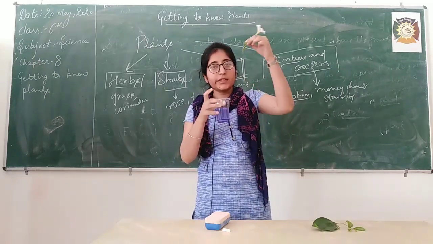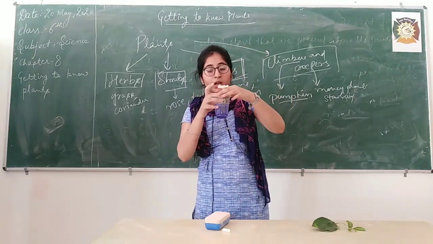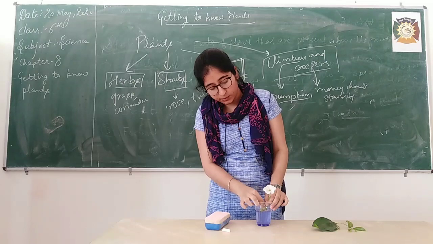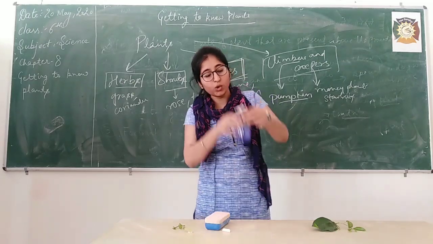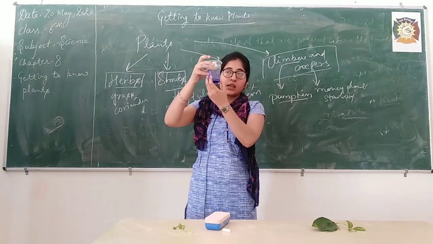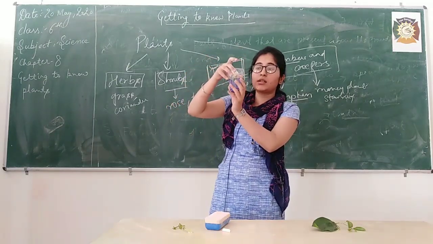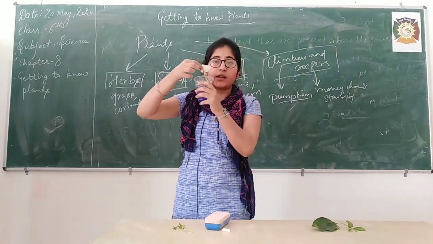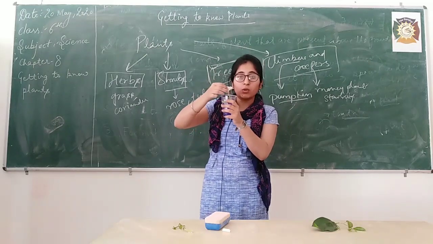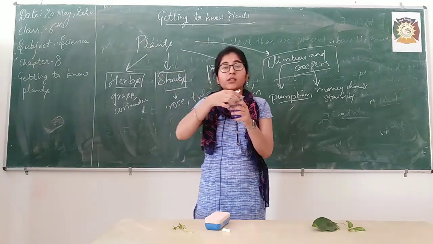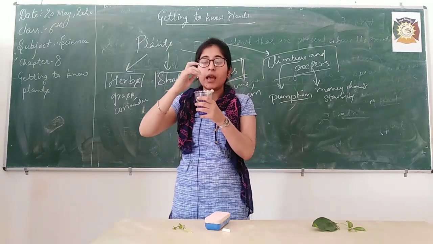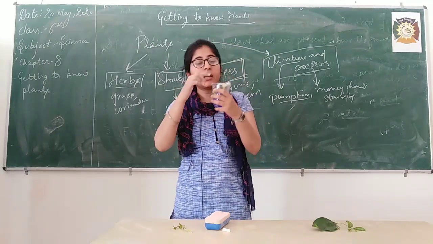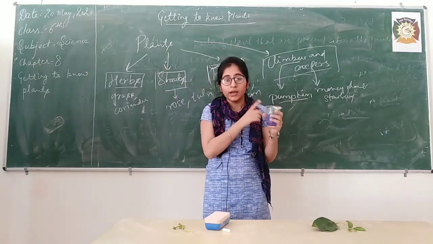You will place this flower inside it like I am doing, and cut the lowest part of the stem inside the water so that no air enters into the stem. Keep it still like this for around 1 day. What you will see is that this flower is no more white, it is blue now. You will do it yourself because it will take about 24 to 30 hours and this flower will become blue. What does this show? This shows that the stem can transport water through it, right?